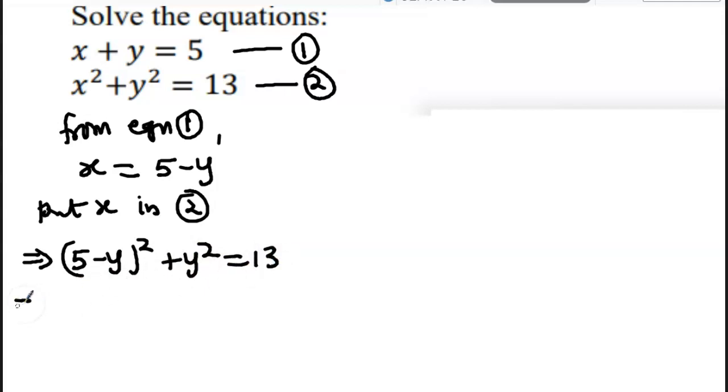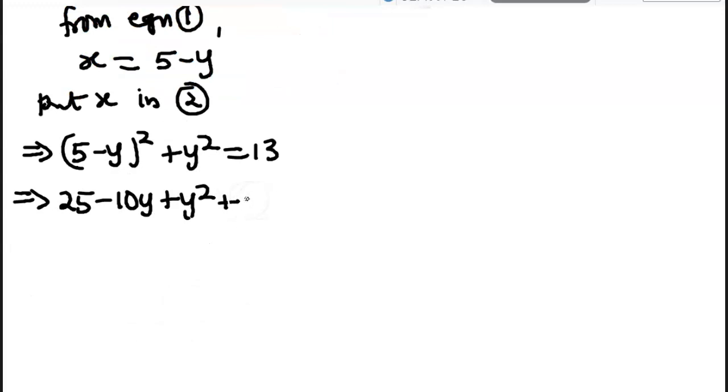We then expand. So we have 25, 2 times 5, 10y, times y. So we have minus 10y plus y squared plus another y squared is equal to 13.